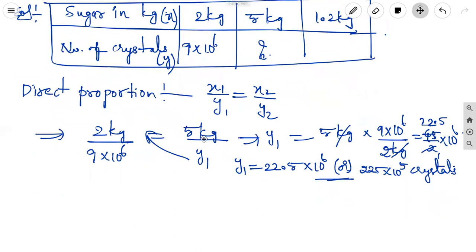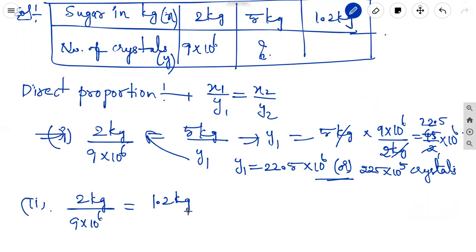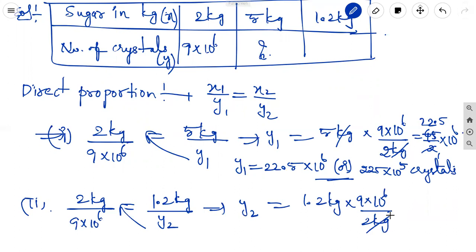The second case. 2 kgs of sugar contains 9 into 10 power 6 crystals. So 1.2 kgs of sugar contains how many crystals? Cross multiply: y2 equal to 1.2 kgs into 9 into 10 power 6 by 2 kgs.